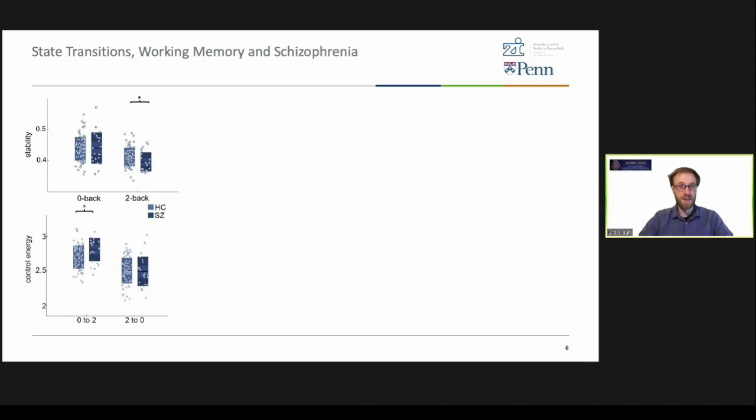So the 2-back state seems to be less stable, while the 0-back state is not different from healthy controls. Looking at the control energy, the energy to actually control these switches, we found that the 0 to 2-back transition, into the highly cognitively demanding state, is altered in schizophrenia, while the other transition doesn't seem to be affected.